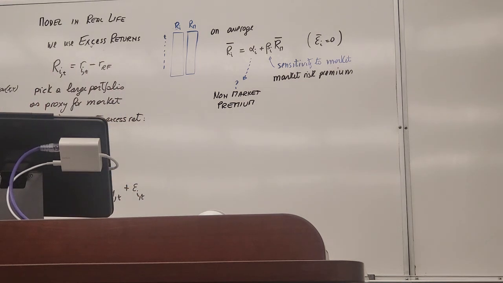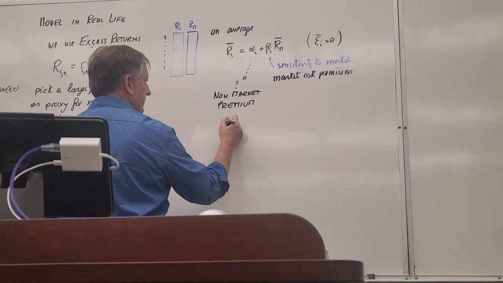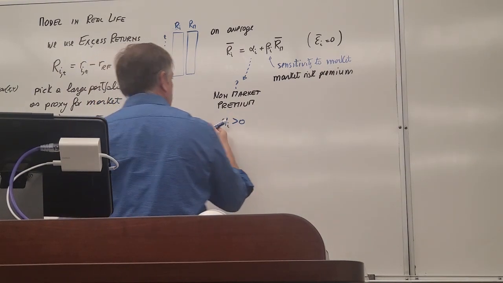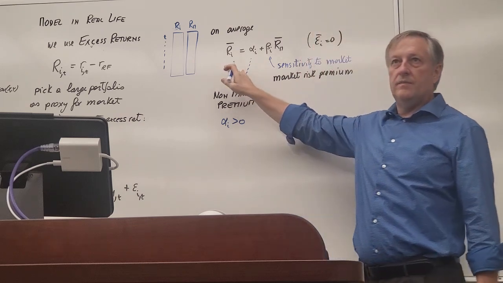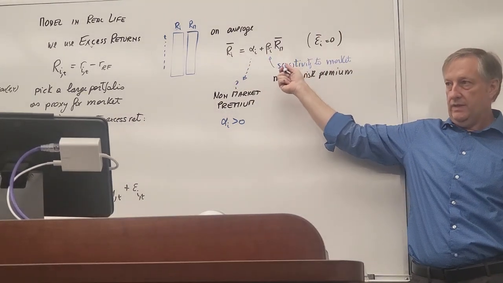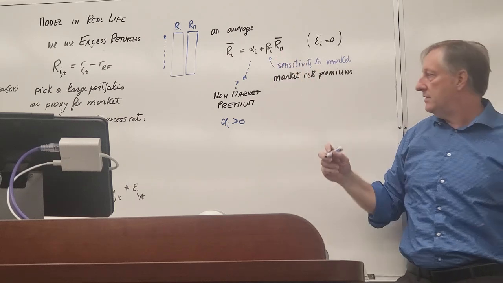So if this alpha is positive, that means that the returns of this asset, on average, are in excess of what you should be compensated, given this asset's sensitivity to the market.